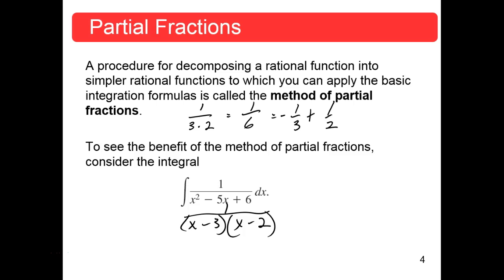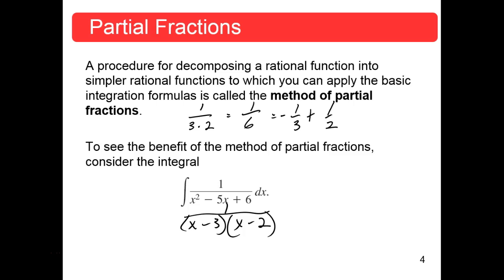In a sense, what I did was take a big denominator, split it into its factors, and come up with two simpler fractions, right? Now 1/6 is pretty simple, but when you get something like this, if I can get this into something over x minus 3, and something over x minus 2, I can integrate those two.